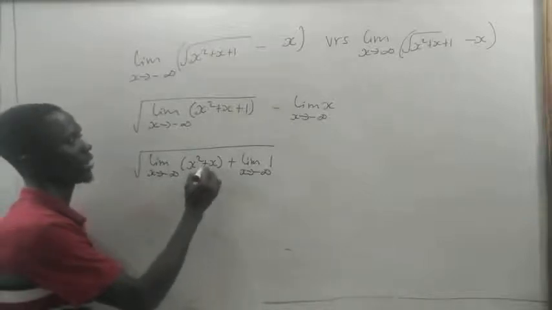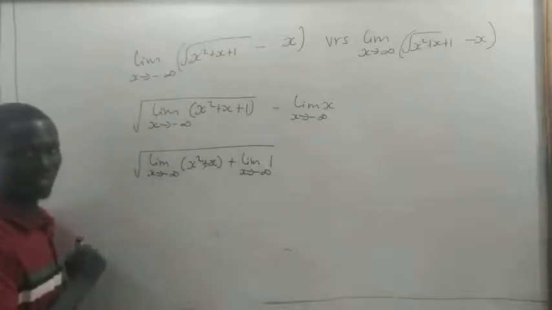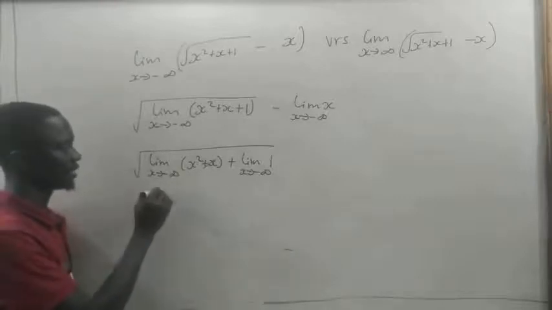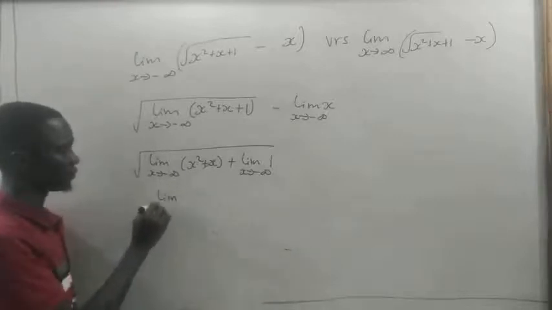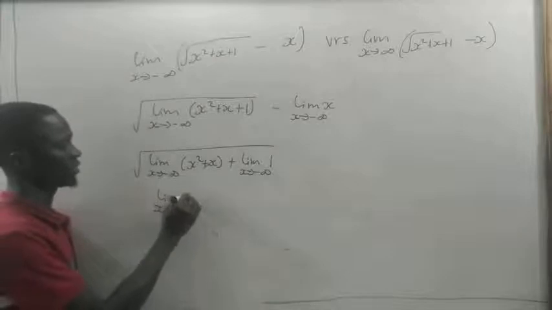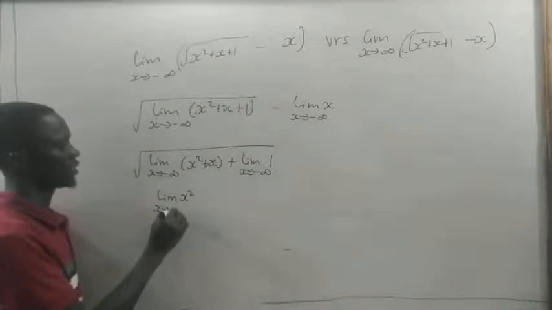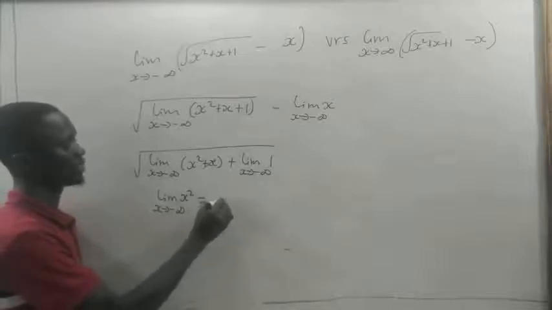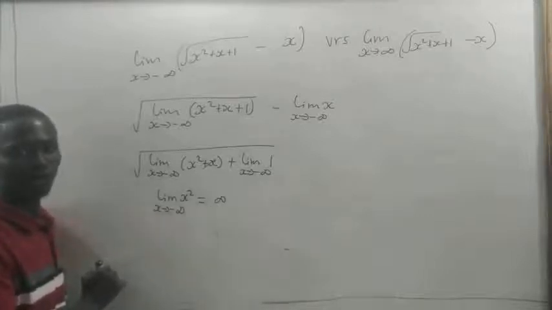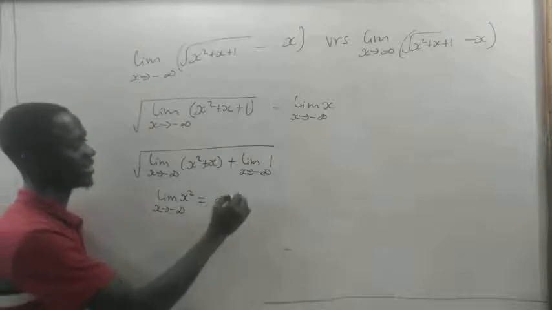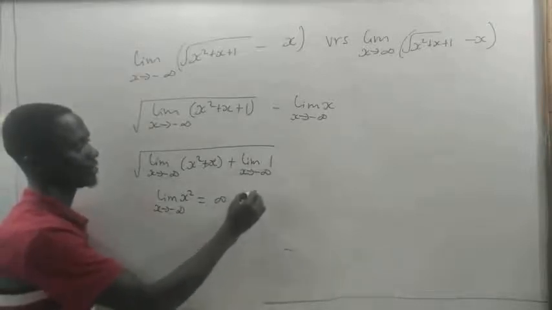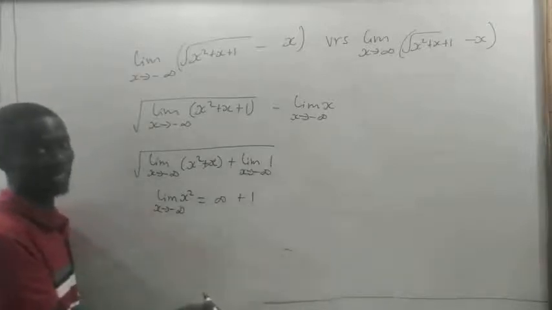Here, this one will not be important. We will just take the limit of x squared as x approaches negative infinity. And this one will give us positive infinity. Wow. And here, we have plus 1 because the limit of a constant is a constant.